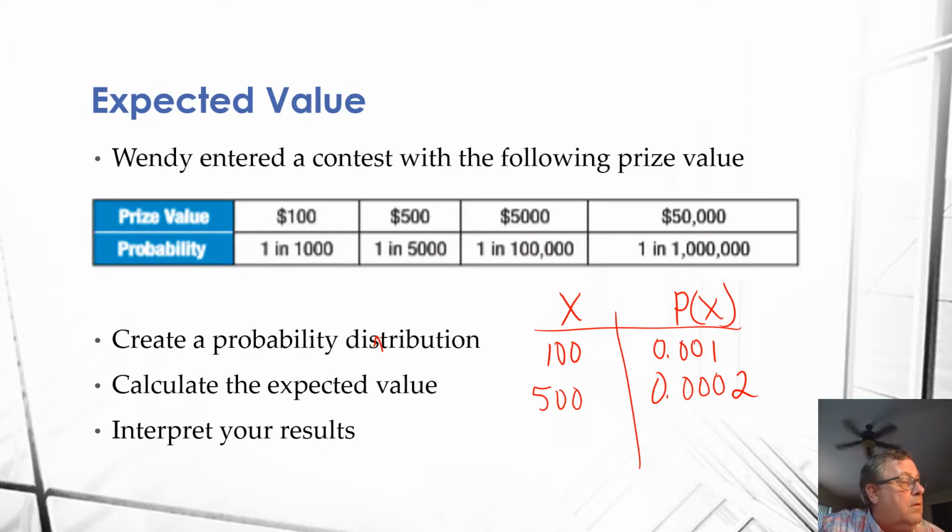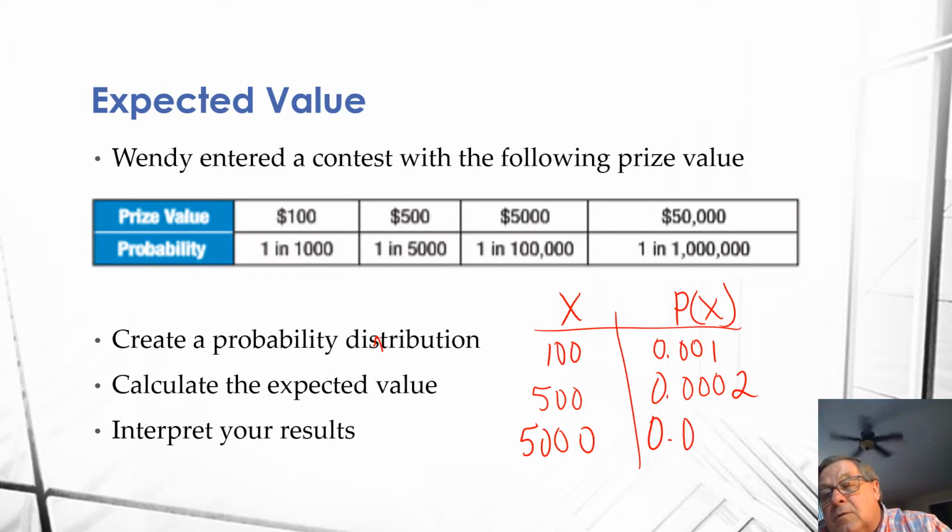For the $5,000 prize, we've got 1 chance in 100,000, that is 1e-5, or 0.00001.